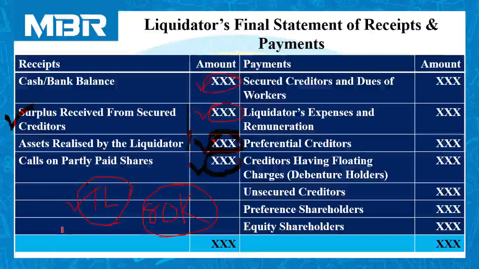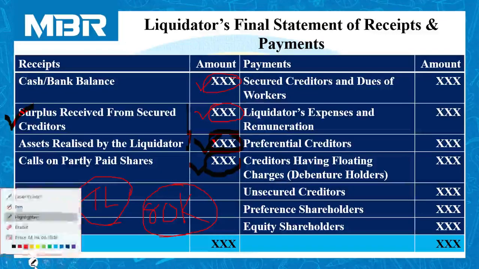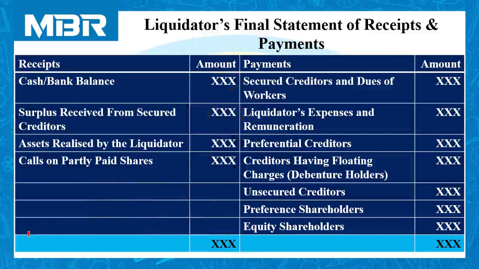It may be possible that the company has issued partly paid shares. What is the meaning of partly paid shares? For example, the face value of the share is rupees 10, but the company has called 7 rupees from the shareholders.